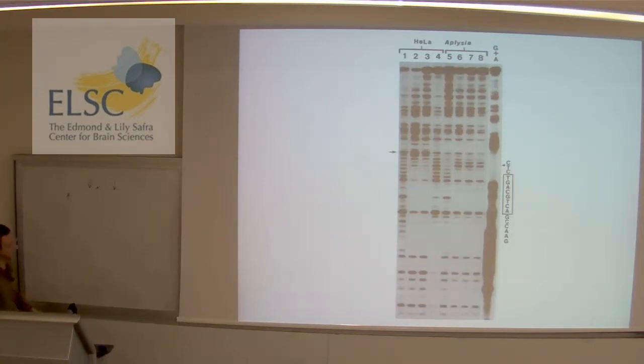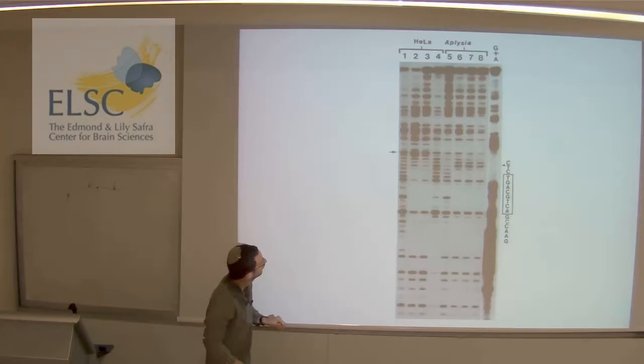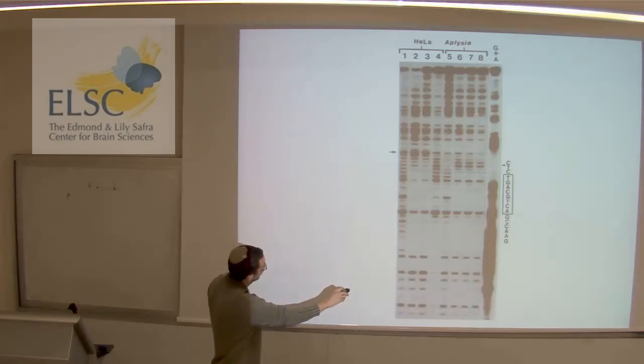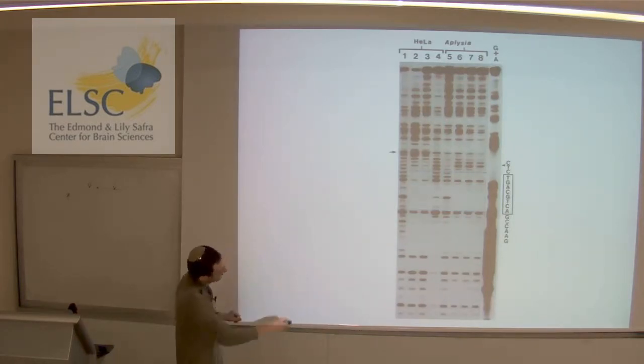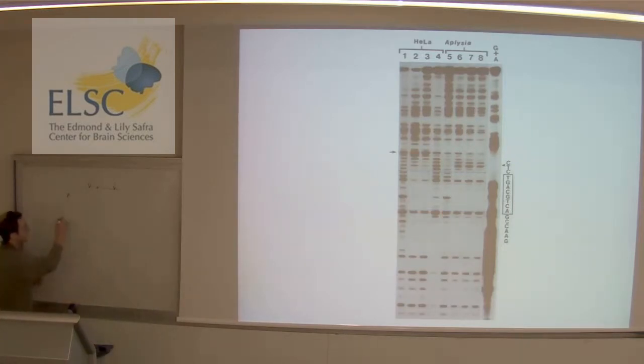Okay. And now let's start with the fifth. Is it the fifth lane here? Yeah, the fifth lane, already with the Aplysia extract. So what are the bands here? After the cleavage, you mark these DNA molecules at the edge, again with a radioactive label.